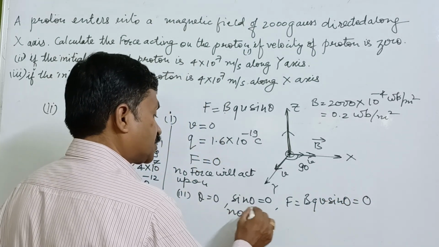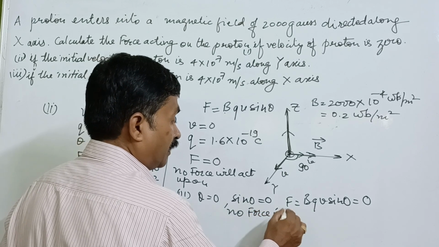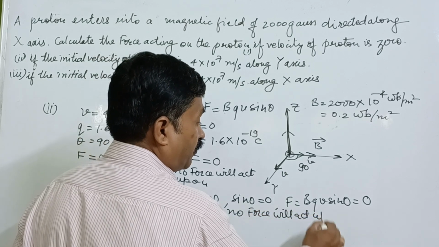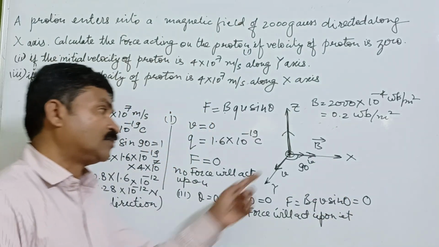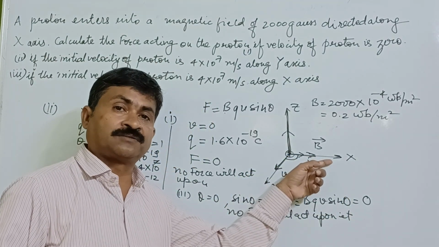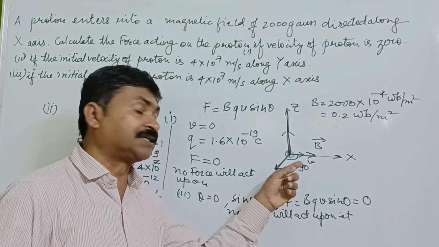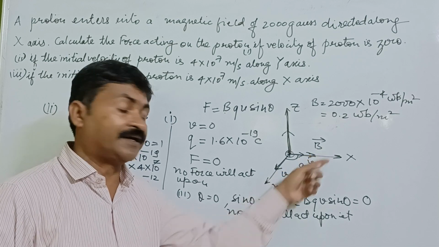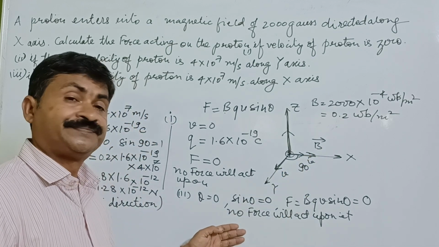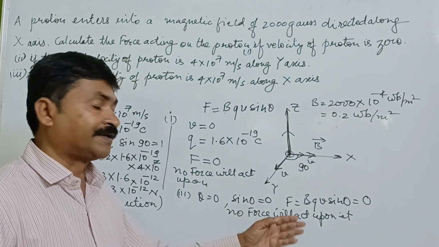So no force will act upon it. When the proton is moving in the direction of the magnetic field, the force is equal to 0.